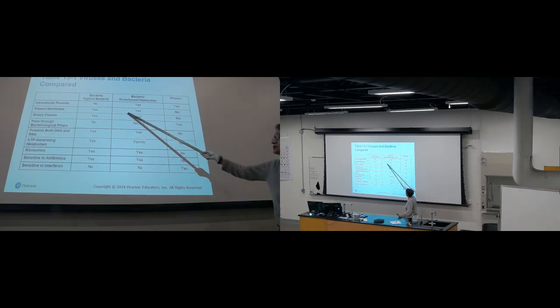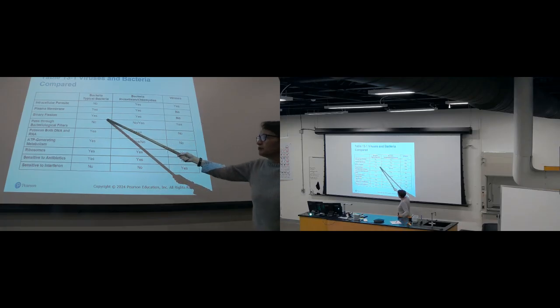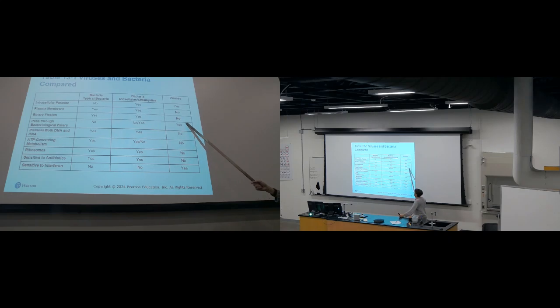These two have a plasma membrane, while viruses don't have a plasma membrane unless they are enveloped. I mean, they're supposed to put here in the table yes and no. Then reproduction: binary fission, both of these. Viruses don't reproduce by binary fission.